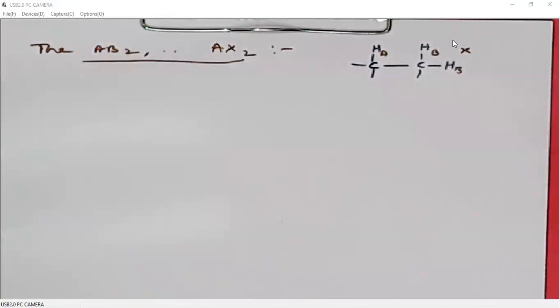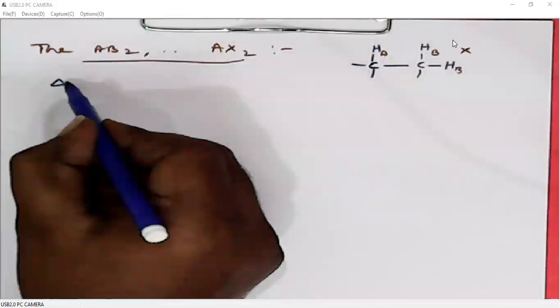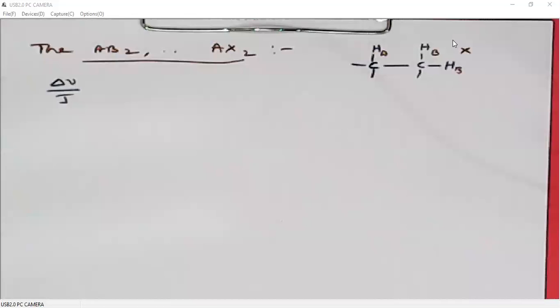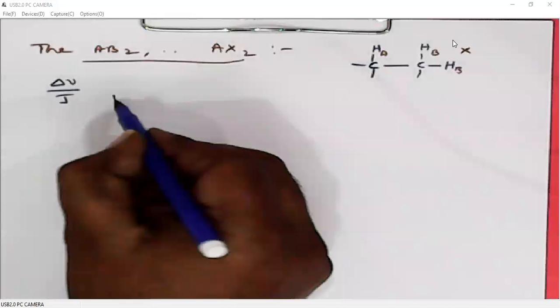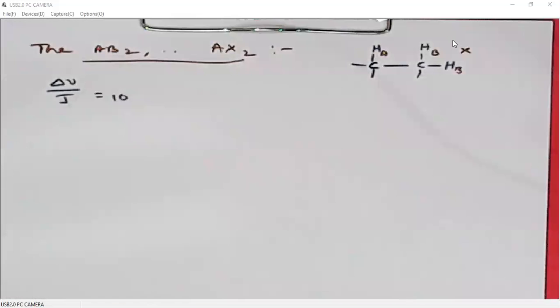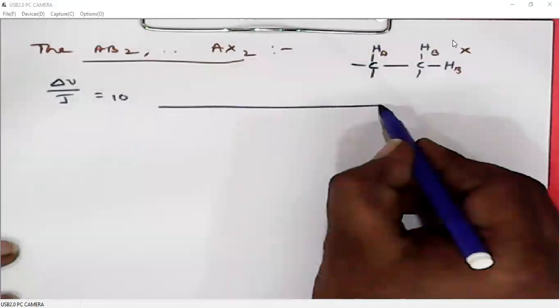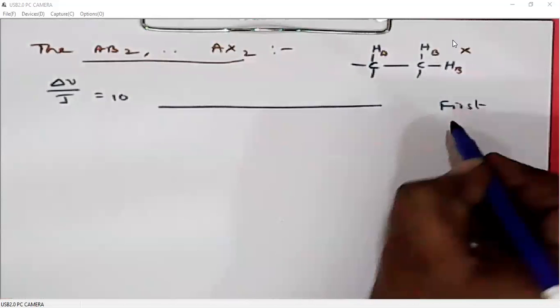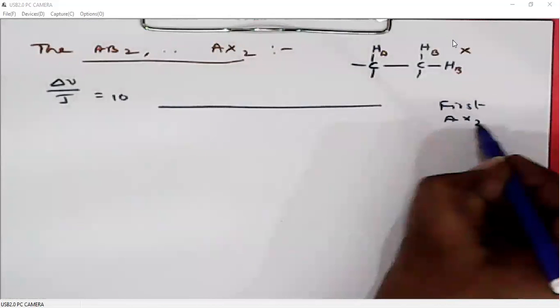Now we will look at the spectra with respect to changes in the values of delta nu by J. When we have a delta nu by J value of 10, then the spectra is very clear. It is a first order spectra, and we call it as AX2 because it is a first order spectra.